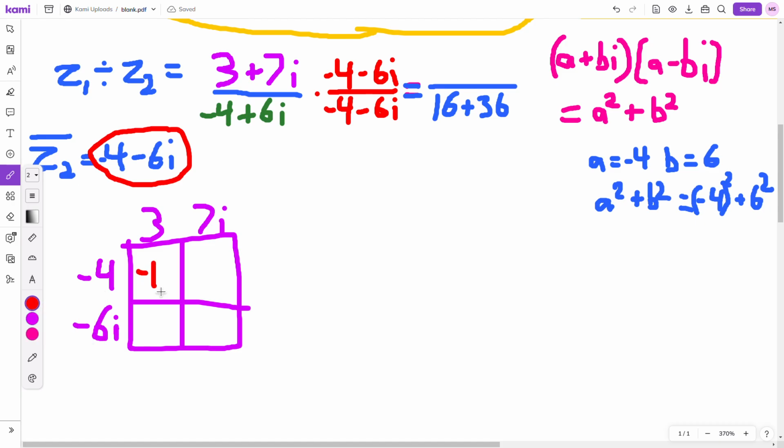And that's going to give us -12, -28i, -18i, and -42i squared, in other words, 42. And so this will result in 30 minus 46i.